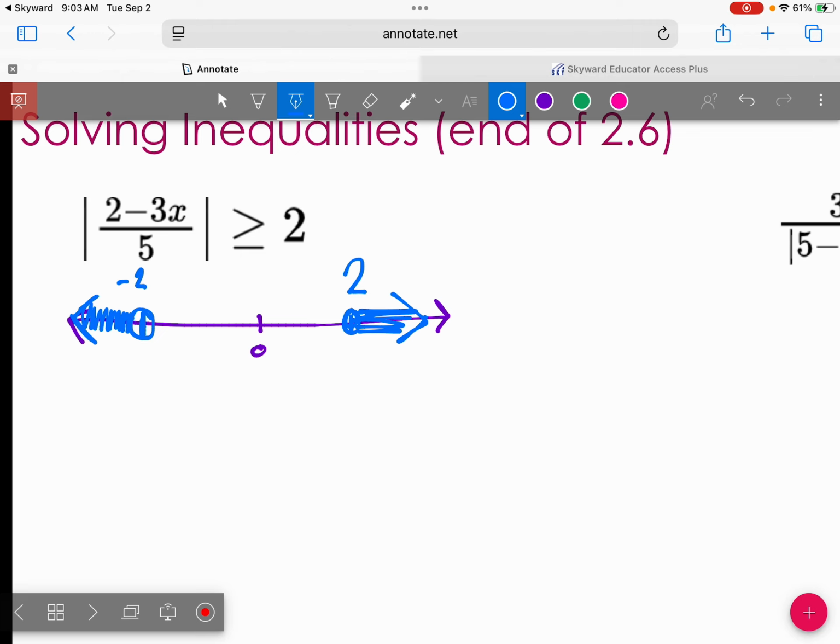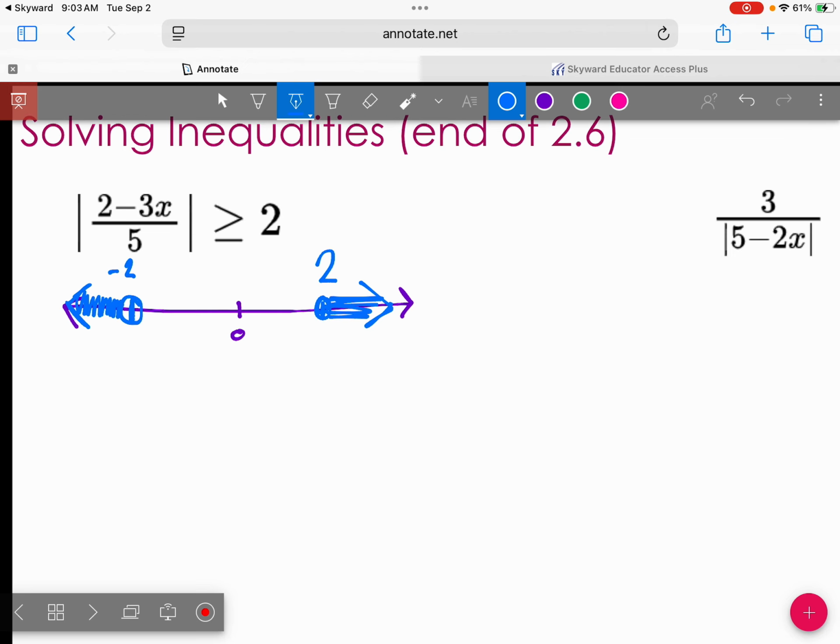So when we have these greater thans, we're a lot of times going to have an or, where we're going to have this or that. So we're going to need to set this up as two statements. So my absolute value could be just greater than 2. It could be exactly that my 2 minus 3x over 5 is greater than or equal to 2. That might be exactly what we have.